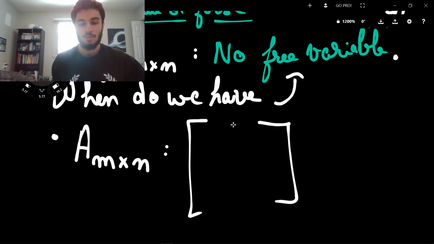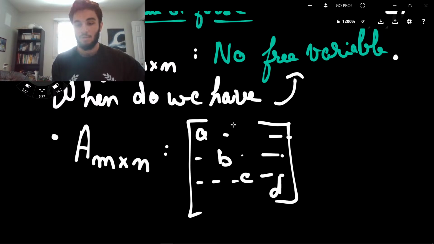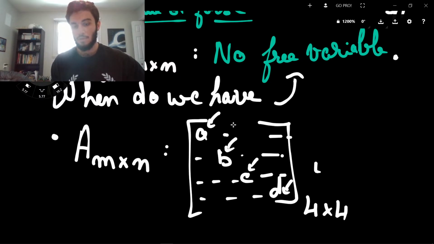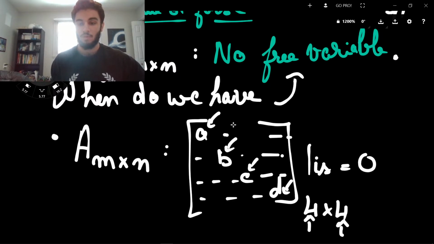So let's say we have A, B, C, D, and these are the pivots. And here we have a 4 by 4 basically. If any of these variables is equal to 0, then we have a free variable. And as you can see, it's a square matrix, and yet we have a free variable.